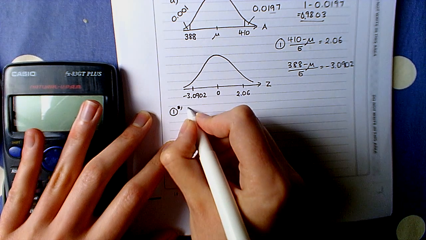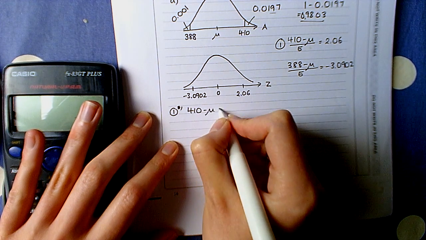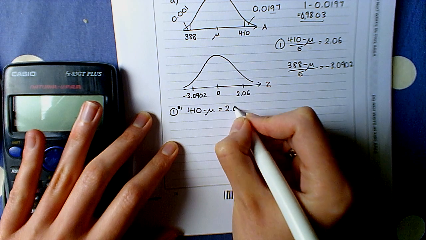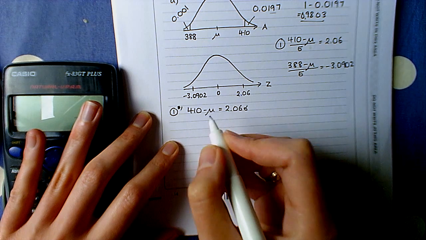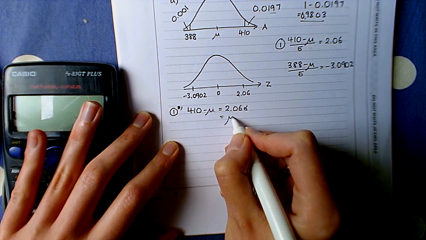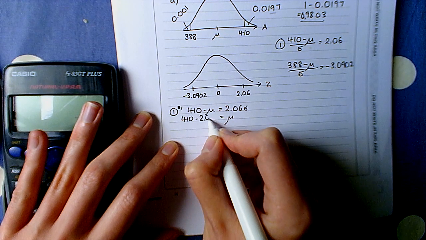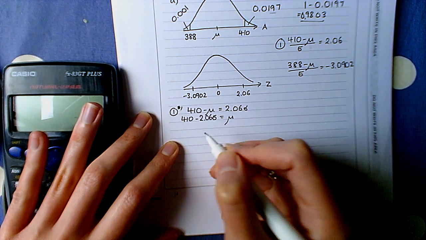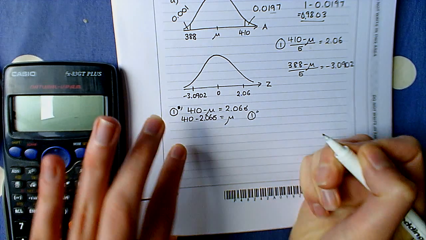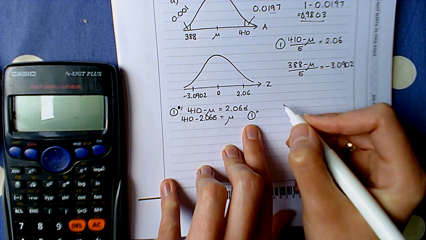So going from here, I'm going to take 410 minus mu and multiply the sigma up to the right, and then bring the mu onto this side and bring the 2.06 sigma to that side, and let's call this one double dash now.